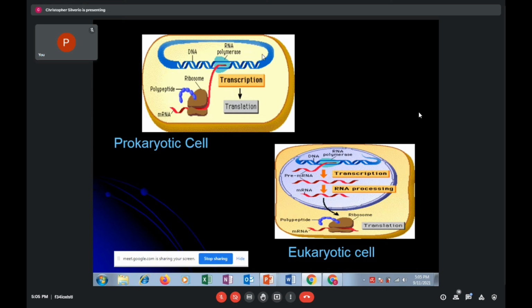As you can see, because there is no nucleus, there is no nuclear membrane, so transcription in the prokaryotic cell occurs in the cytoplasm.